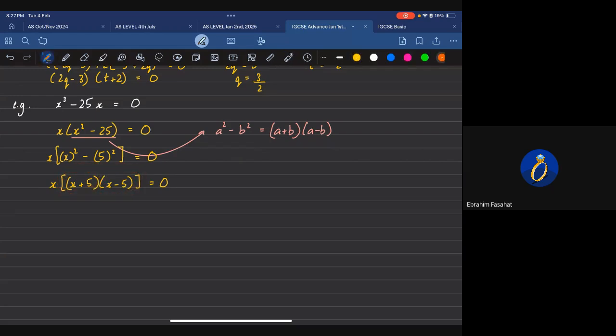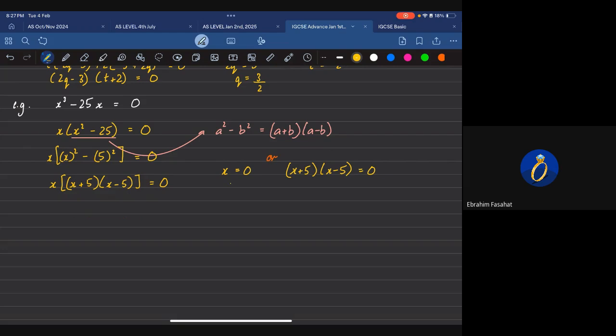So now x has a probable 3 values. x is going to be equal to 0, or x plus 5 is going to be equal to 0, or x minus 5 is going to be equal to 0.